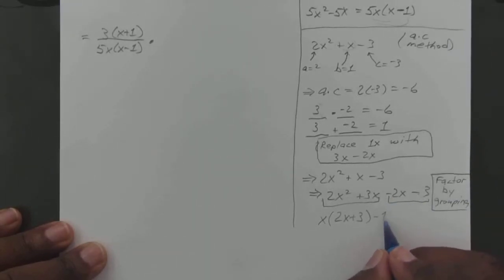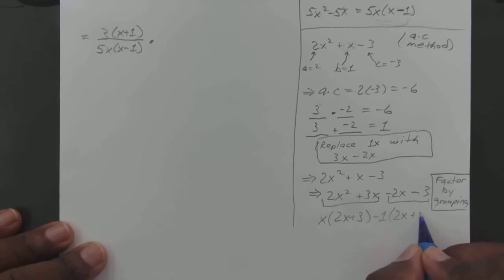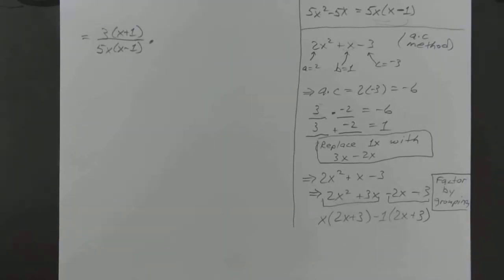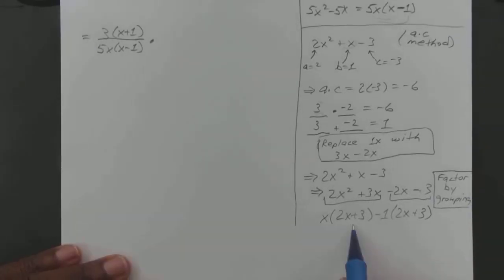If we factor a negative 1 out of both of those, we end up with negative 1 times 2x plus 3. And whenever you're unsure, remember, all you have to do is just distribute it out, and it'll take you right back where you started. Sometimes you'll factor it out and go, okay, that doesn't look right, and then you'll try to distribute it and hopefully see where you may have missed.